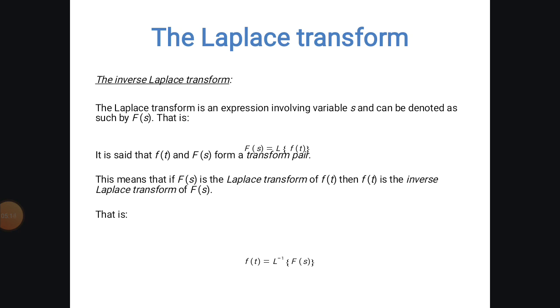It is said that f of t and F of s form a transform pair, right? That is, if F of s is the Laplace transform of f of t, then f of t is the inverse Laplace transform of F of s. That is, f of t is equal to the Laplace inverse of F of s.